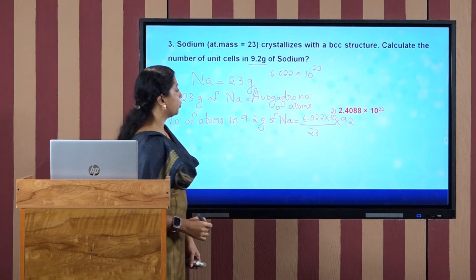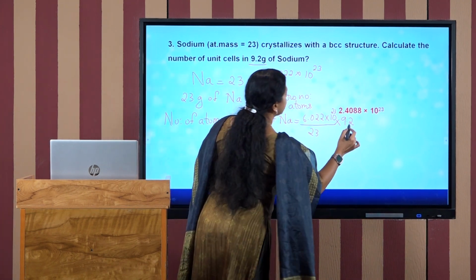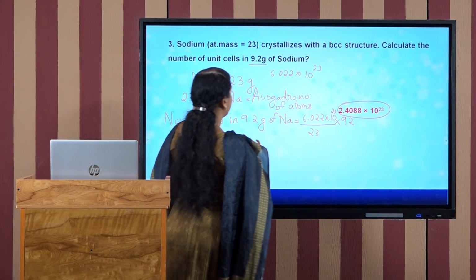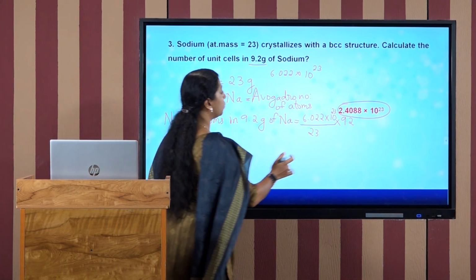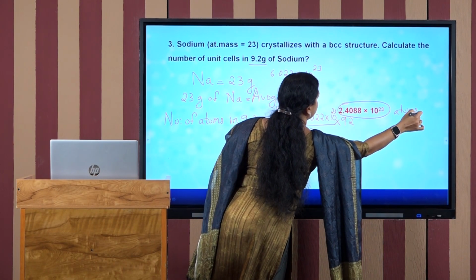Okay, so 6.022 into 10 raised to 23 by 23 into 9.2. So that will be equal to 2.4088 into 10 raised to 23. So the number of atoms in 9.2 gram of sodium will be equal to this much number of atoms.